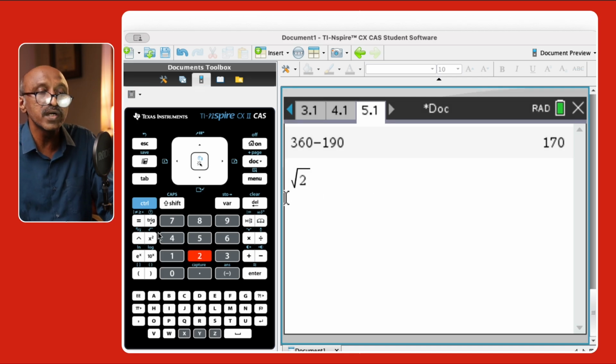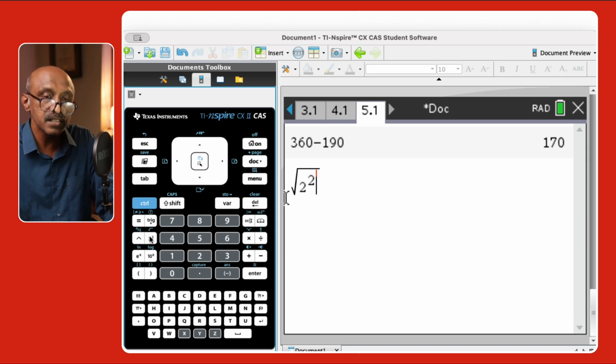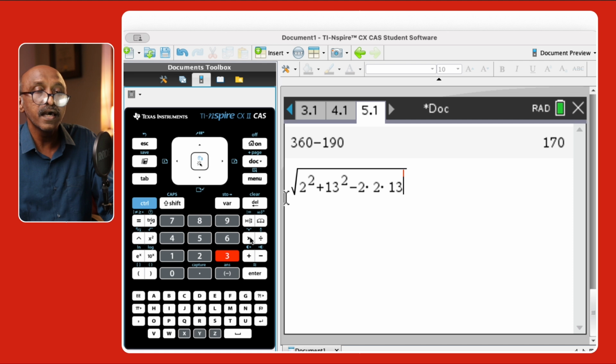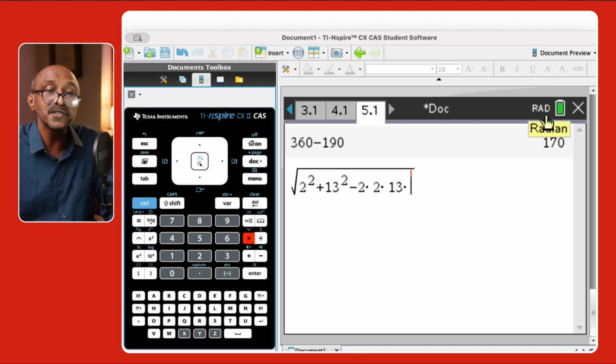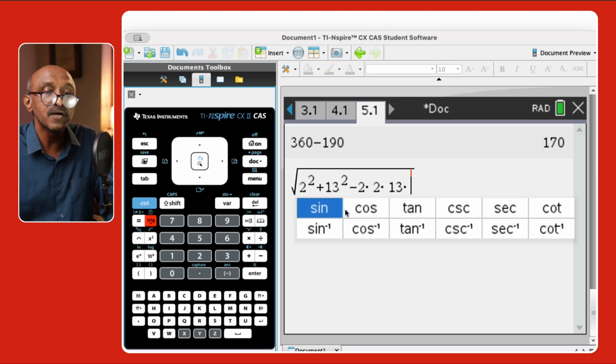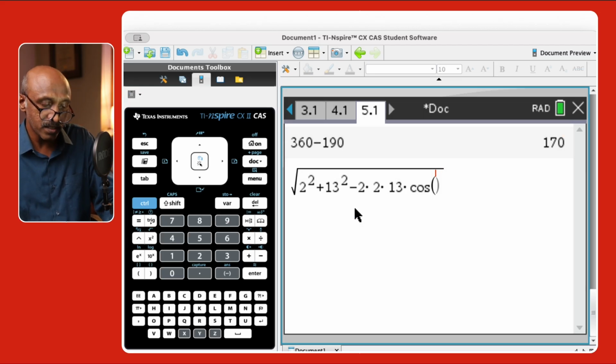So this is 2 square plus 13 square minus 2 times, don't forget the multiplication sign, times 2 times 13 again, and cos of the angle. Now I just happened to notice the calculator is set to radians, but don't worry, we'll change that quickly. Trig cos of the angle 170.